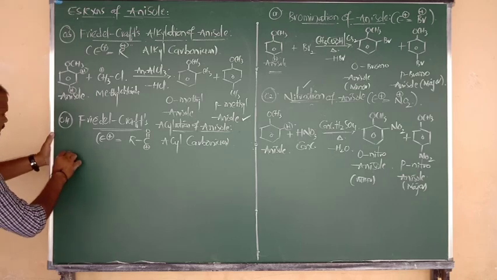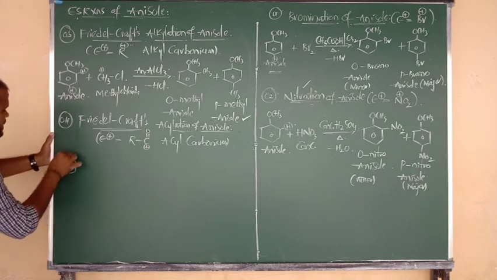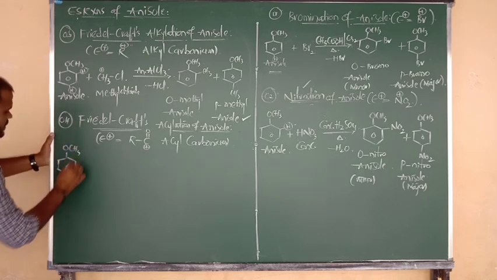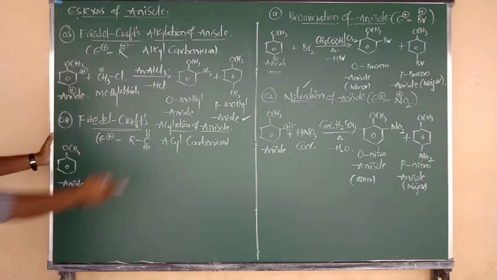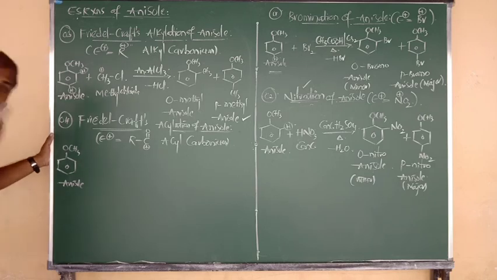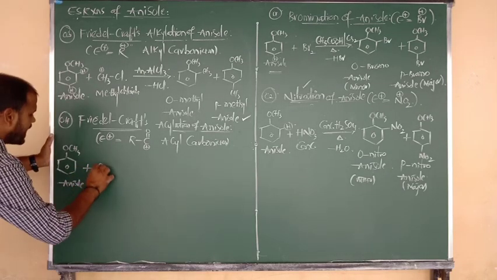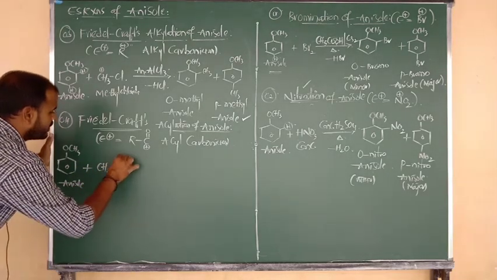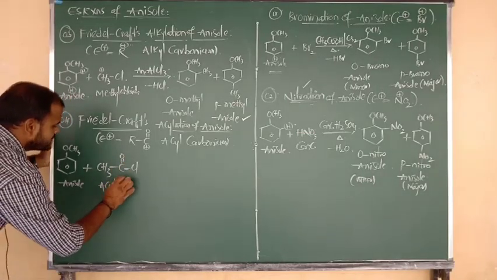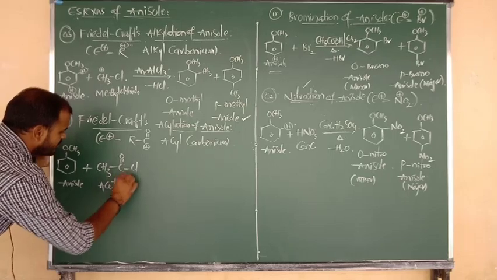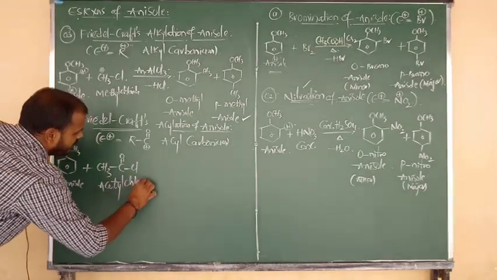Right, I am going to write the reaction. Benzene bonded to OCH3, nothing but anisole. Anisole upon acylation, nothing but reaction with acyl halide, or we can say reaction with acetyl halide. CH3 bonded to C double bond O bonded to Cl. This is called acyl halide, and also acetyl chloride.